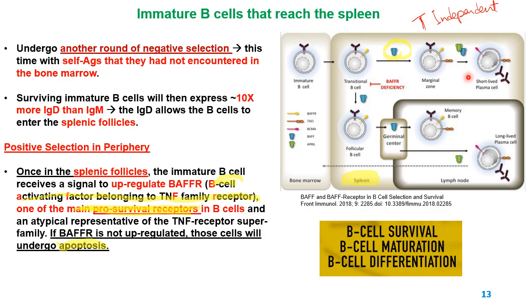Okay? So you can imagine that if you are using those pattern recognition receptors that are binding to sugars on those bacterial polysaccharides, that's the type of T-independent mechanism of activation of your B cell.